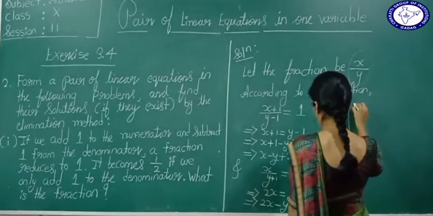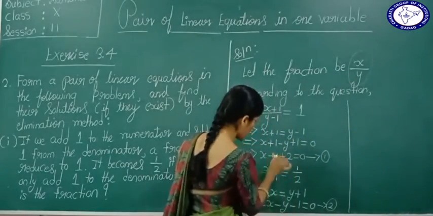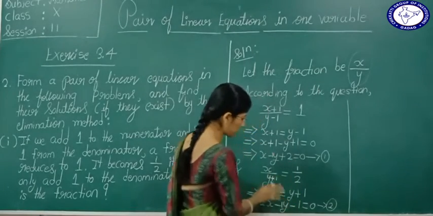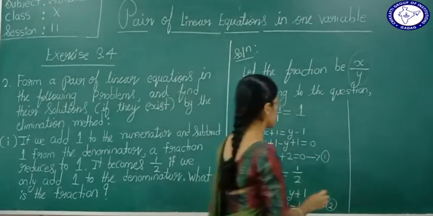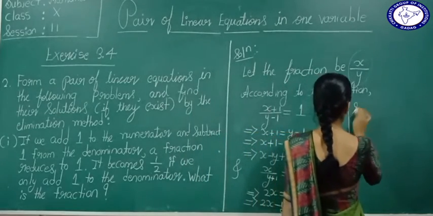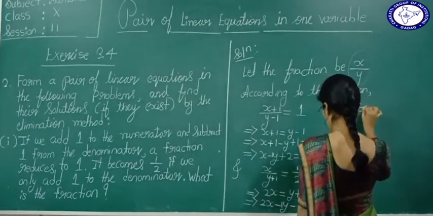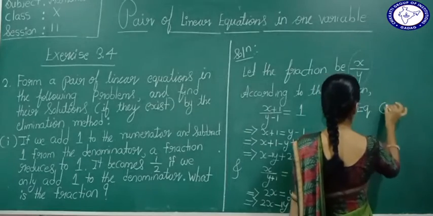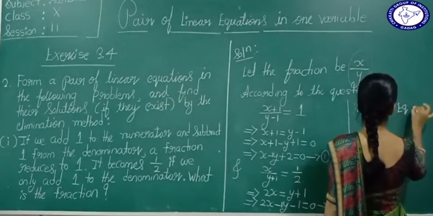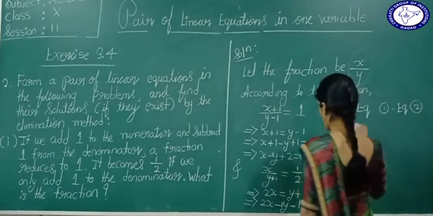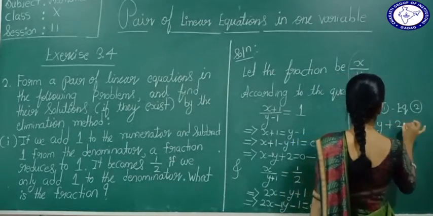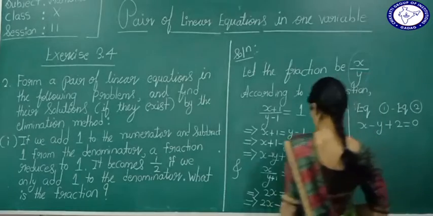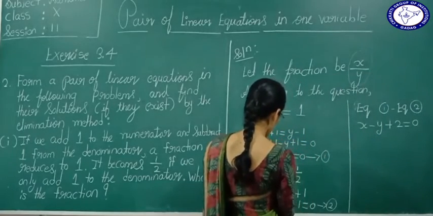Now see here, the y coefficient is the same. Again, don't multiply anything here. Directly do equation 1 minus equation 2. What is equation 1? That is x minus y plus 2 is equal to 0. What is equation 2?